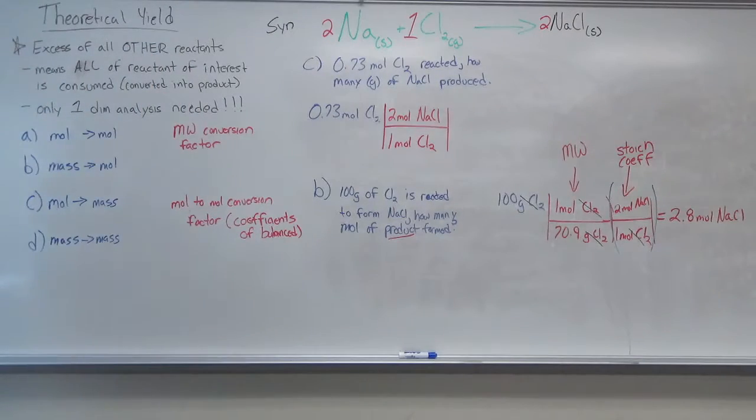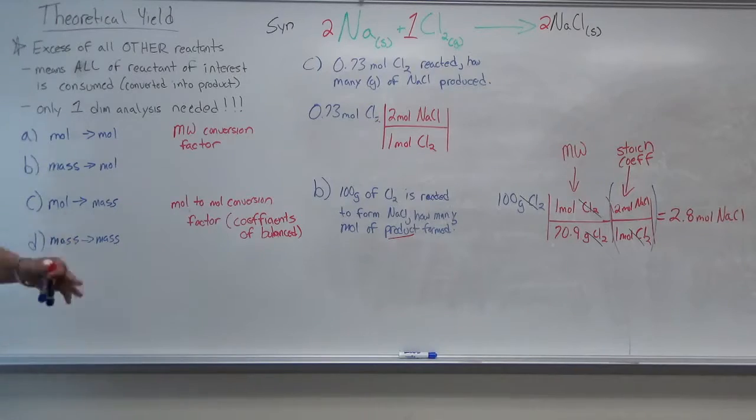We've got moles, so we need to use mole to mole if we're talking about product. If we do the calculation right now, what is our answer going to have as its units? 1.4 moles. Moles of sodium chloride product. Is that what the question is asking us about? No. So we're not done.